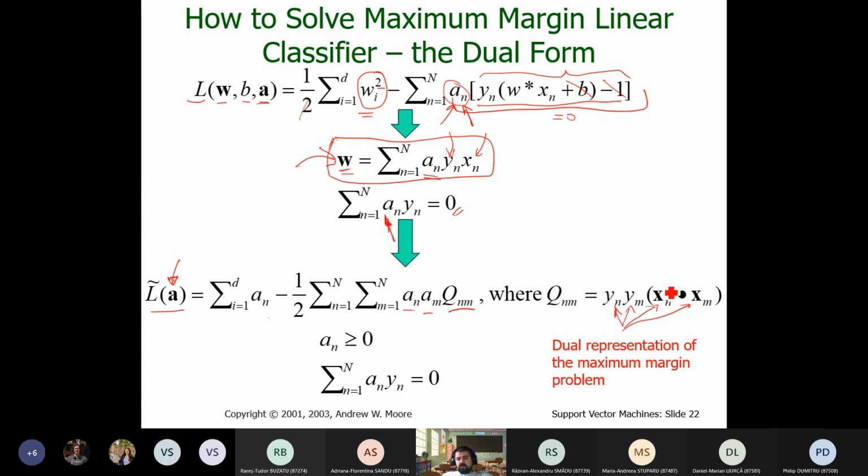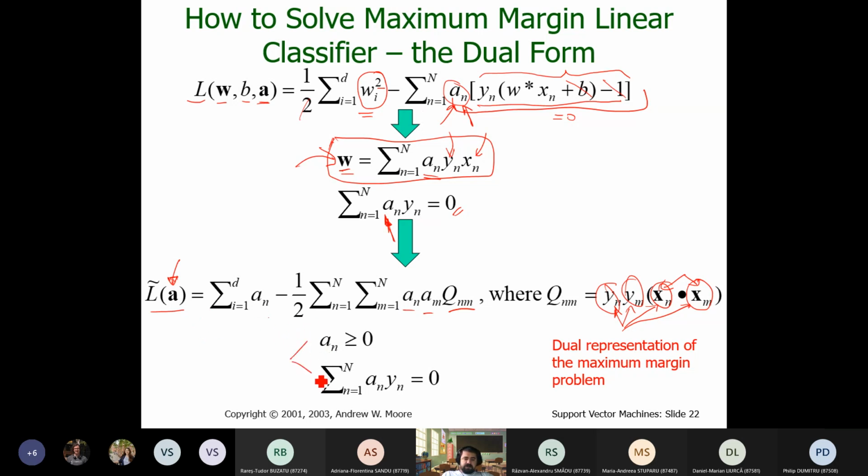If you take a look, it compares the values of 2 points and multiplies it with the value of the targets that these points will lead to. So this is the dual representation of the maximum margin problem.